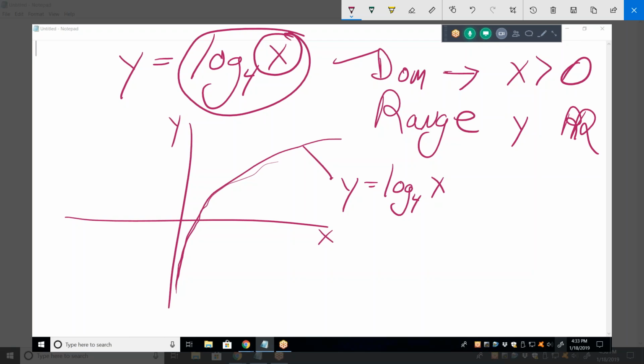Another way of saying that is negative infinity to positive infinity. Have you gotten into interval notation yet?